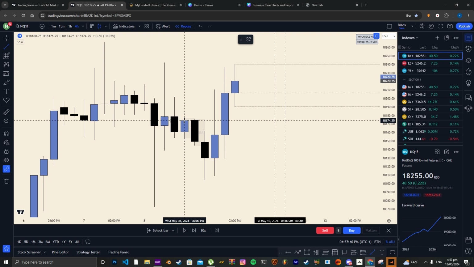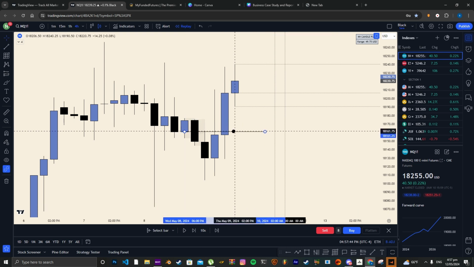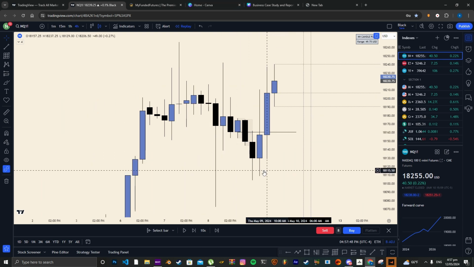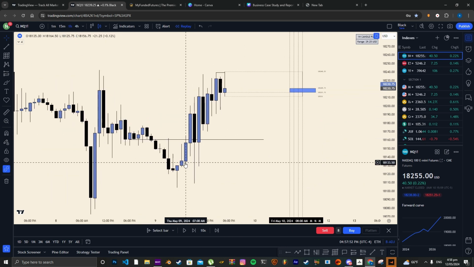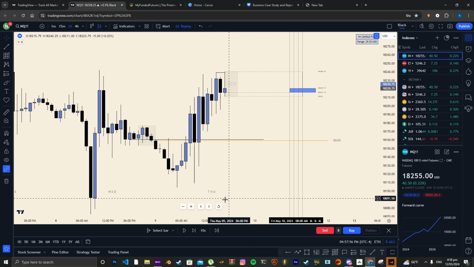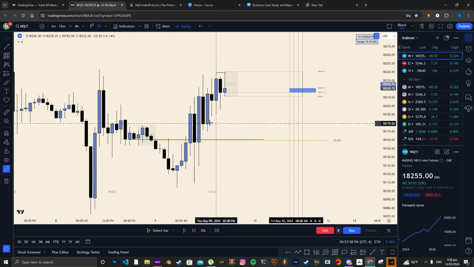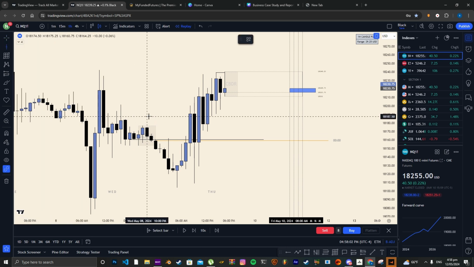You can see we have our 6 p.m. open right here. So if we go on the hourly chart, you can see going into 7, into 8, that we have our hourly candles within this 6 to 10 a.m. section, right?